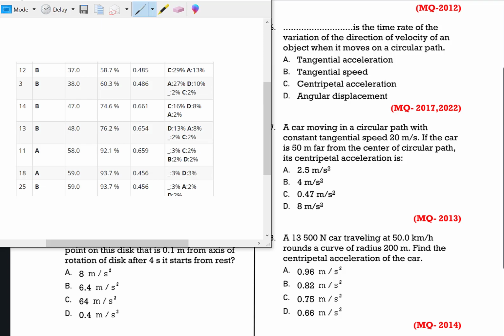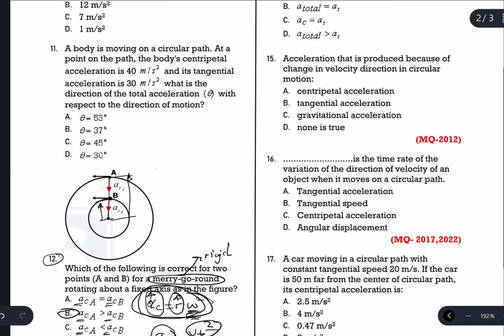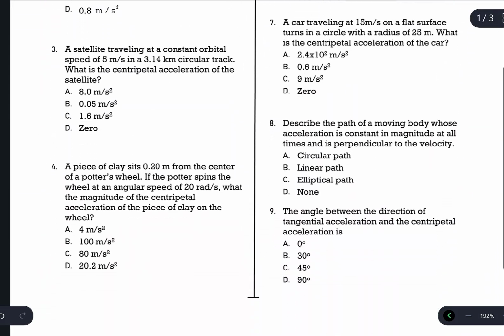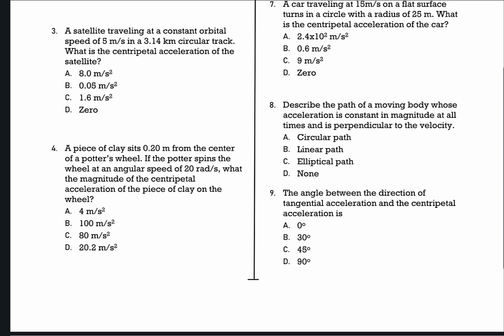Now the next question is question number 3. A satellite is traveling at a constant orbital speed of 5 meters per second. Orbital speed is the tangential speed, that is, speed along the circular path, in a 3.14 kilometer circular track. This 3.14 kilometer represents the circumference of this circle, not the radius.